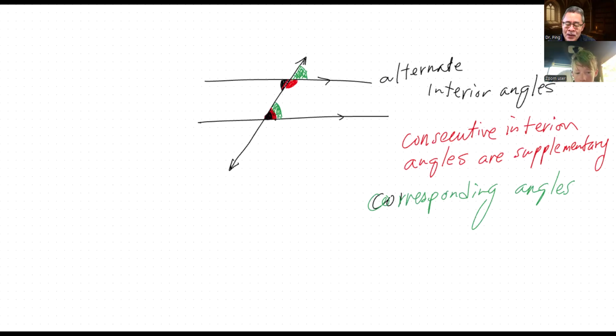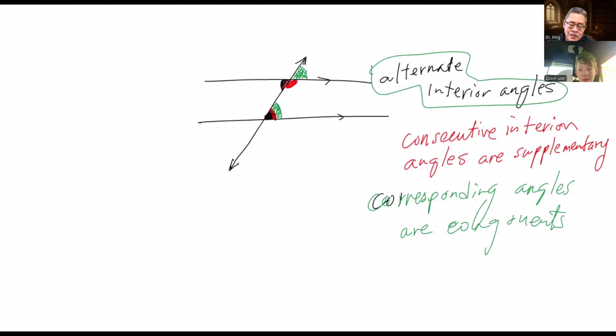So basically, we're asking: are they congruent or are they supplementary? Supplementary. No, actually, they are congruent. Good. So now, how do we remember those kind of things? Actually, all we need to remember is this: the alternate interior angles are congruent. Good.